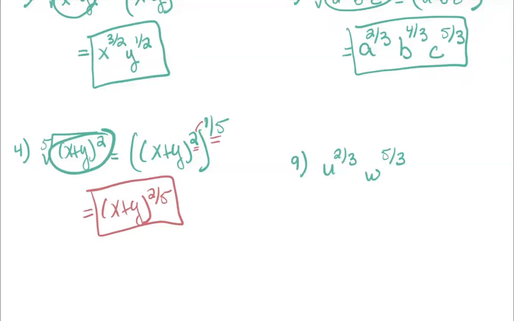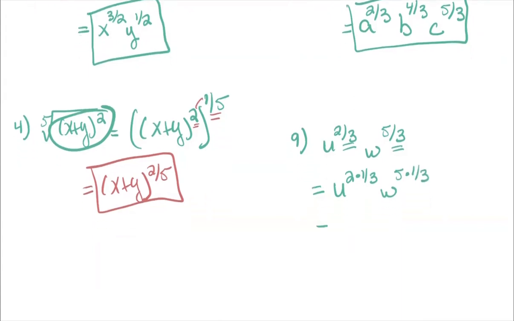Okay. Now, number 9 is on your formative, and it's where you're asked to go backwards. So you have to think, okay, now I'm going backwards. I can put this back with a root symbol. So I look at it and ask, what do these powers have in common here? I could write it like this: u, 2 times 1/3, times w, 5 times 1/3.